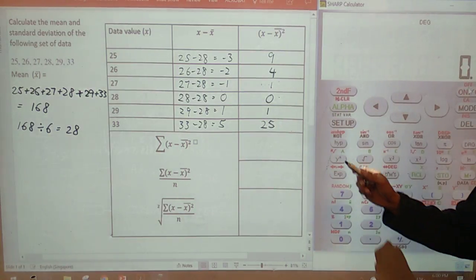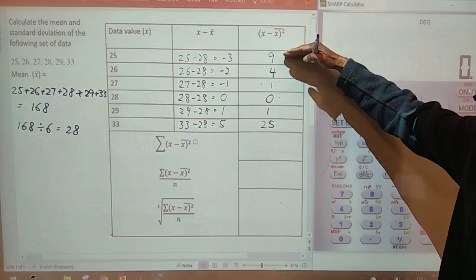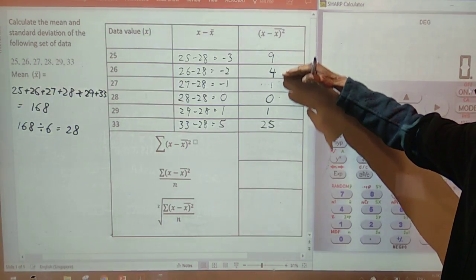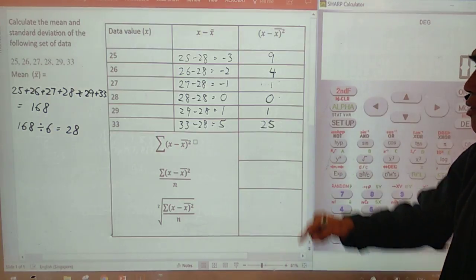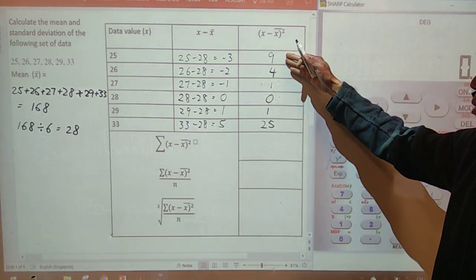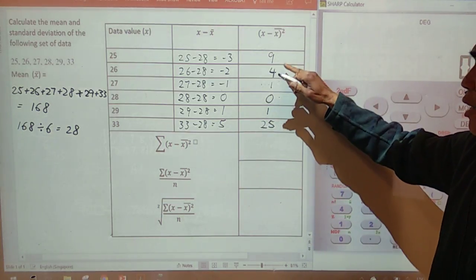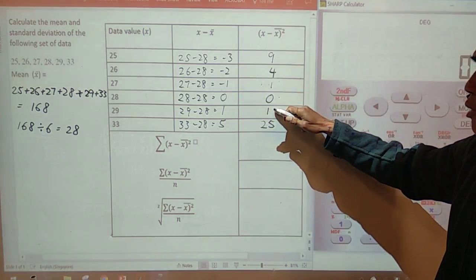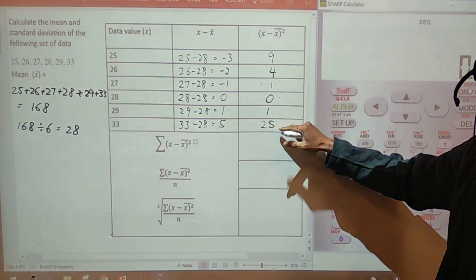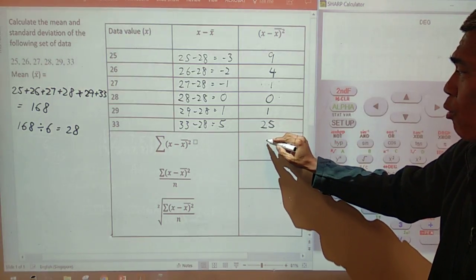Now the next thing we're going to do is to add all these squares, and then find the average. So when we do this, we have 9 plus 1, that's 10. 4 plus 1 is 5, so we have 15. 15 plus 25 is 40.